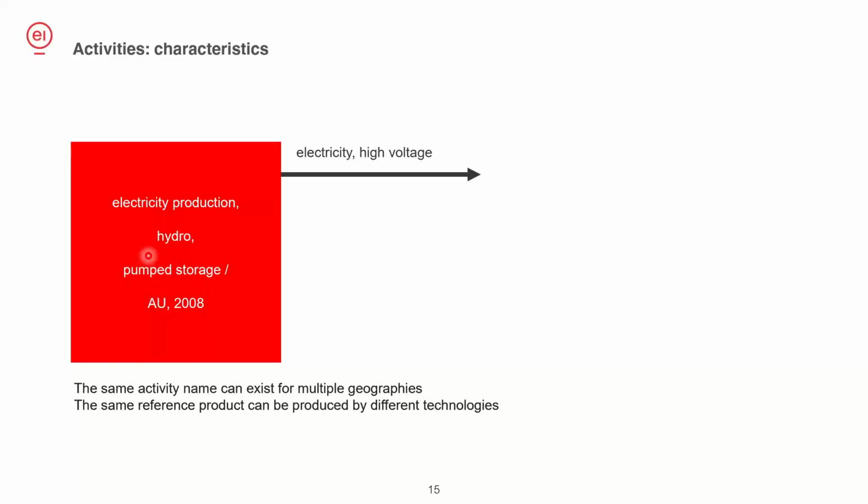In addition, we can have activities using different technologies but producing the same reference product. For example, electricity production, hydropower, pumped storage also produces electricity, high voltage.